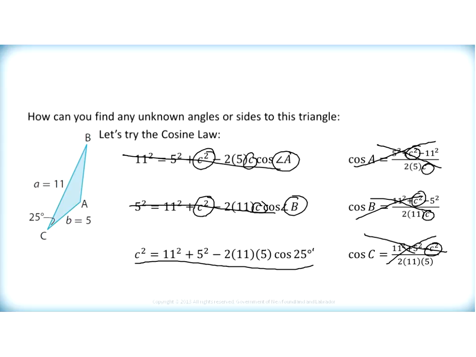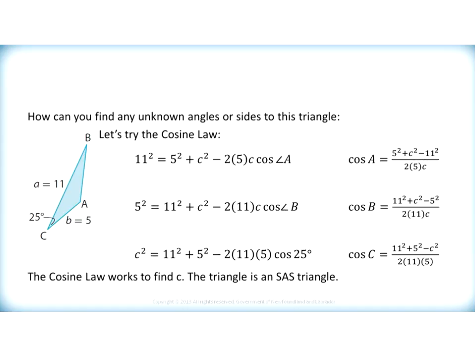But what I do have is a working version of the cosine law right here. All the information that I need is provided. So the cosine law works to find side c. This triangle, like I mentioned already, is an SAS triangle.